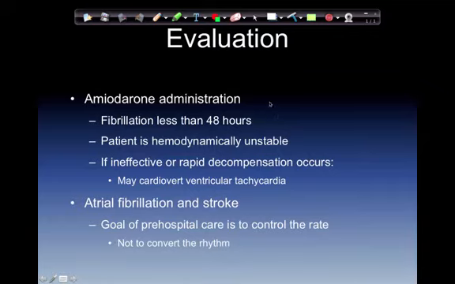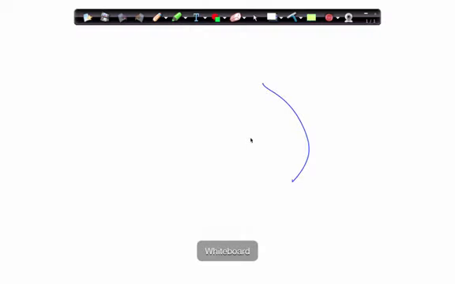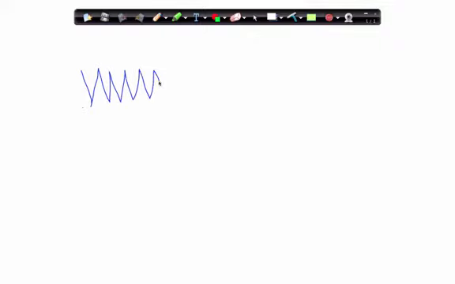So very simply on this, let's just talk about this area here that I just talked about a bit. Let's say we had a wide complex tachycardia. So it's VTAC. Let's just call it what it is.